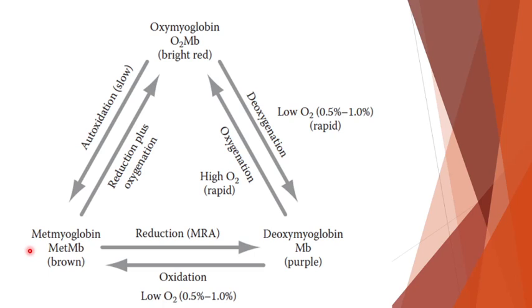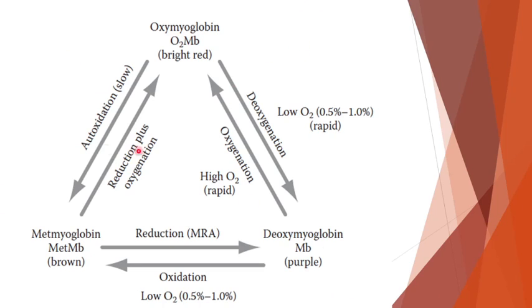It will become brown. If you expose it to oxygen plus there's a reduction reaction, it will become red. And when you remove the oxygen so that there is no more oxygen in the air, the red will become purple again. So it will just rotate around the colors depending on the environment.